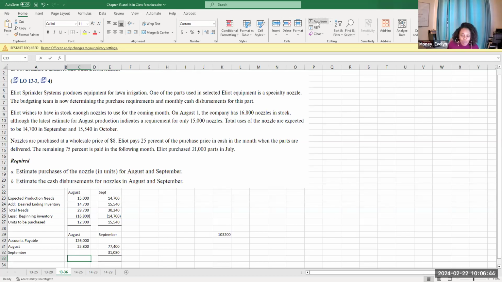So now I can add down, and in terms of how much I expect to pay out for August, it's 151.8, and for September, it's 108,480.